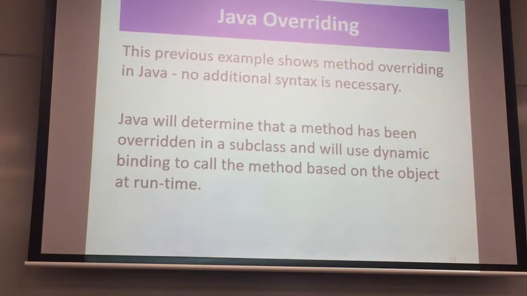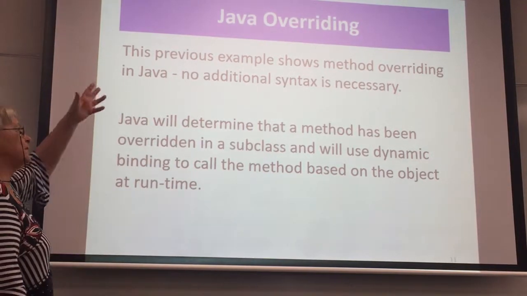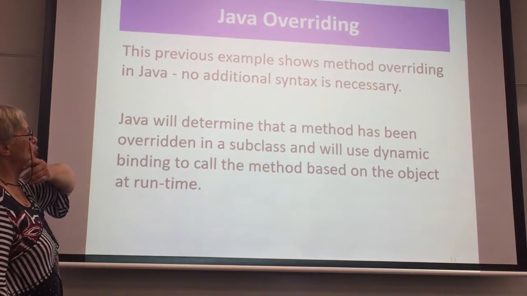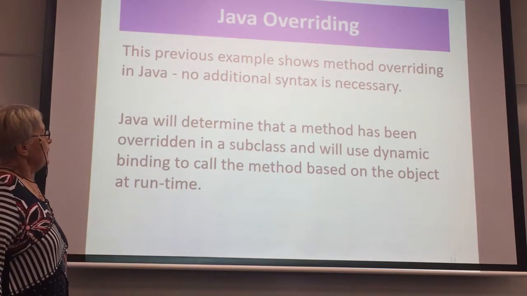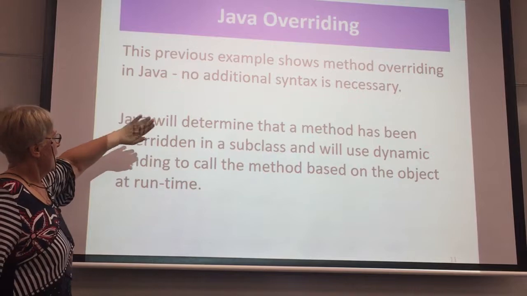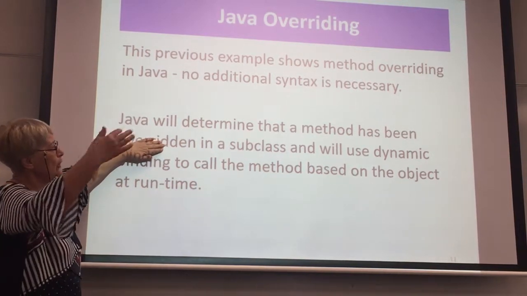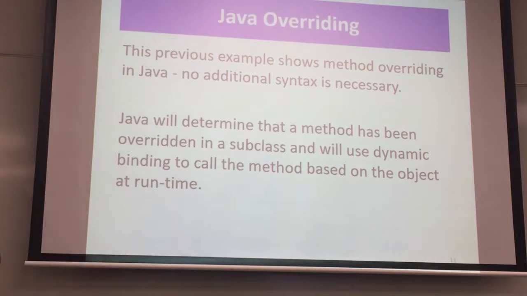Overriding is where we have seen print in the first example with the circle and the shape. And there is no extra syntax because the Java compiler uses dynamic binding.